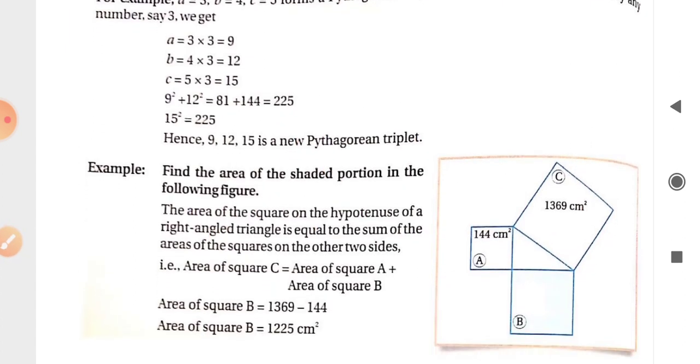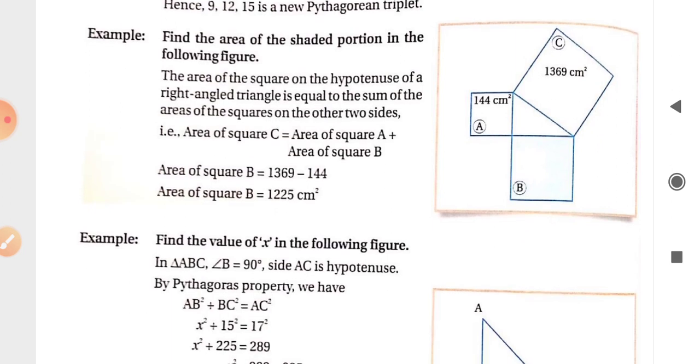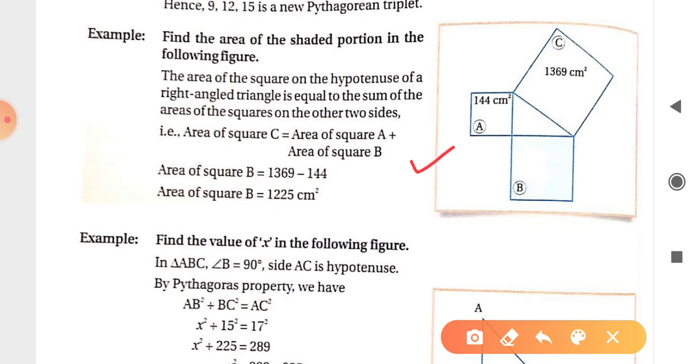Next is an example. Find the area of the shaded portion in the following figure. A figure is given and we have to find the area of the shaded portion, which is this shaded region.